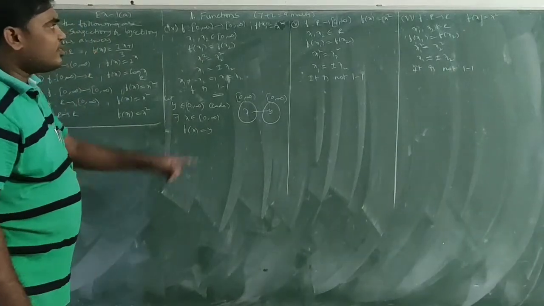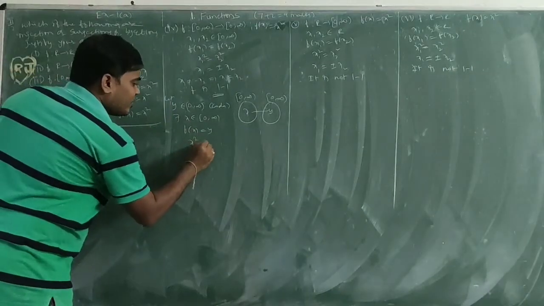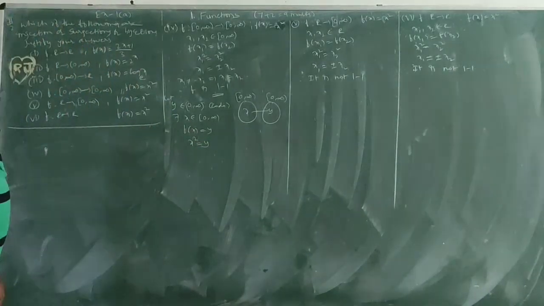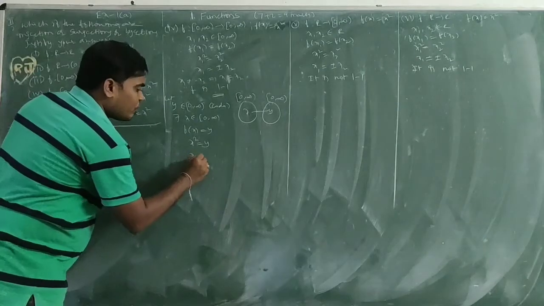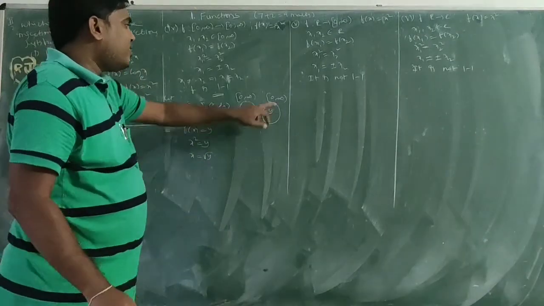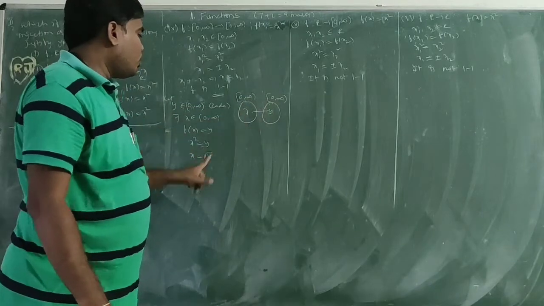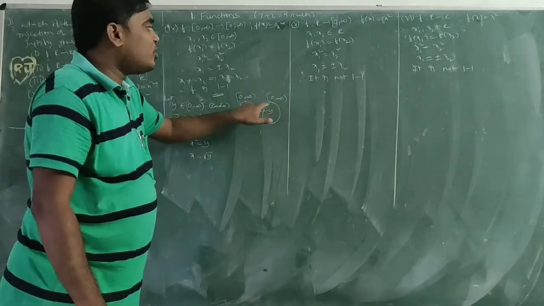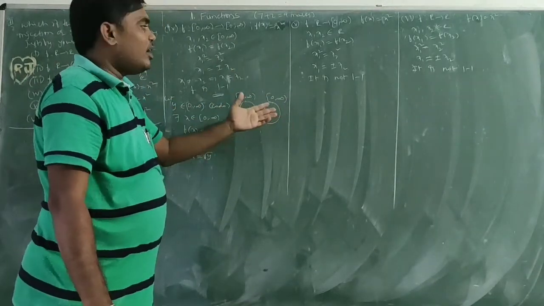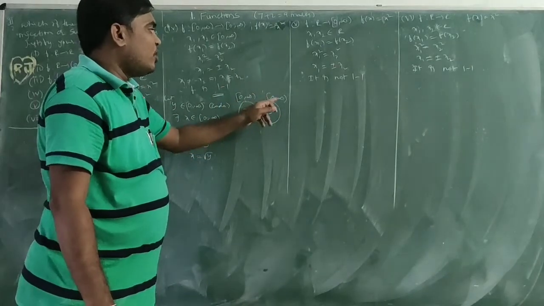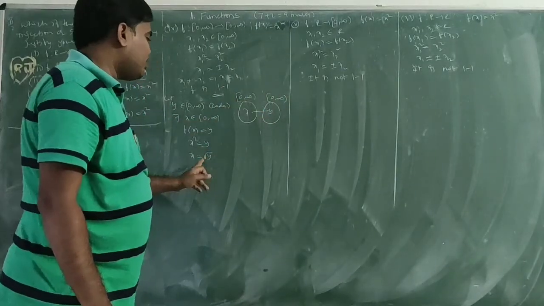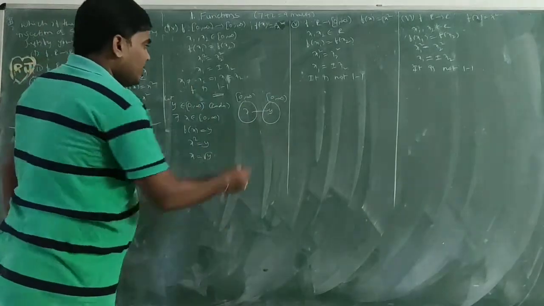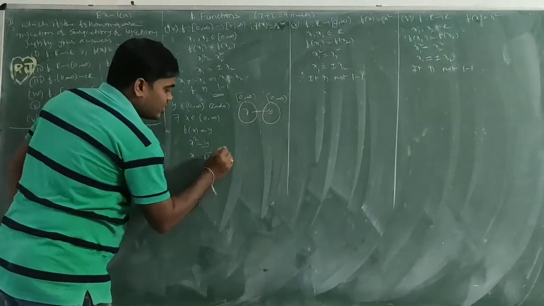What is f of x? x square equal to y, so x equal to root y. Since we are taking positive values, the root exists. If it is other than 0 to infinity, and there exists any negative, the root does not exist. Here it is 0 to infinity, so it exists.